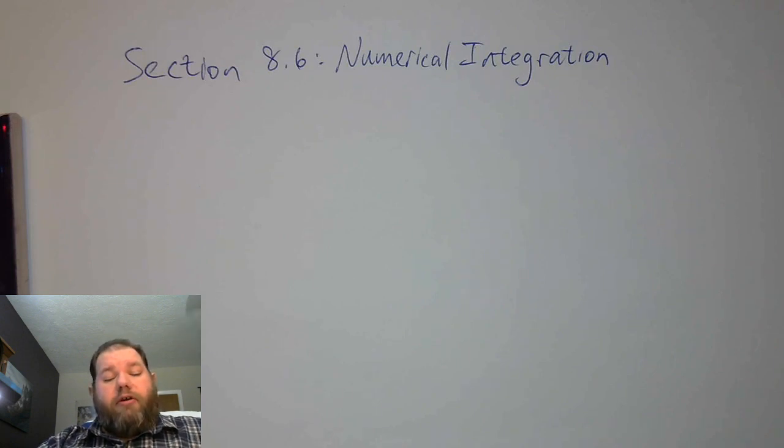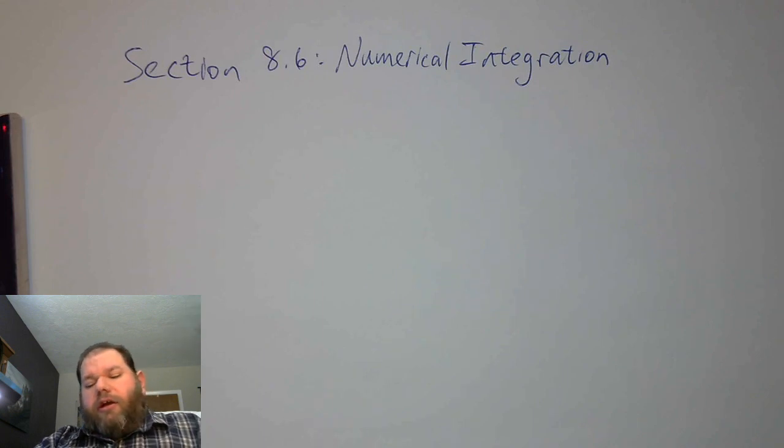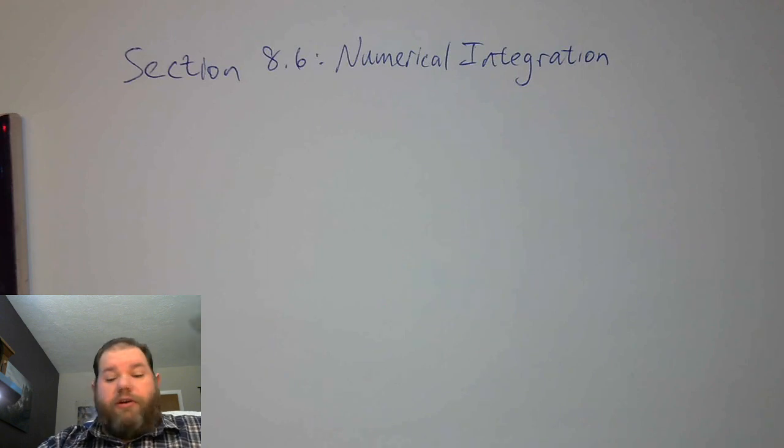We'll look at an alternate possibility in chapter 9, where we can use summation. Well, a power series is what it's called. But for now, we're going to use just numerical integration.